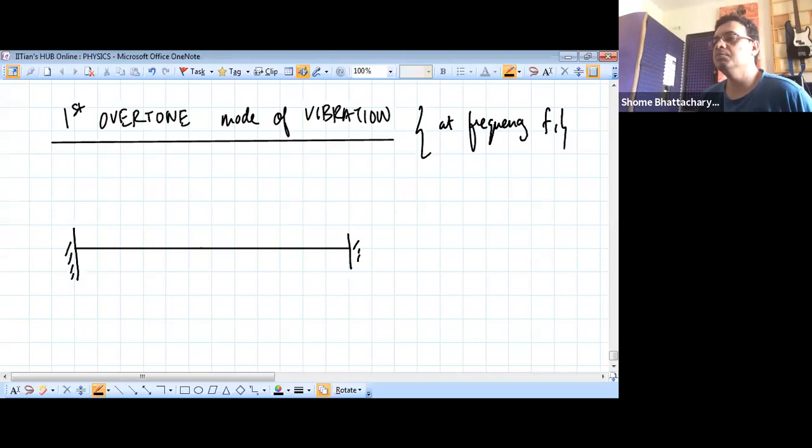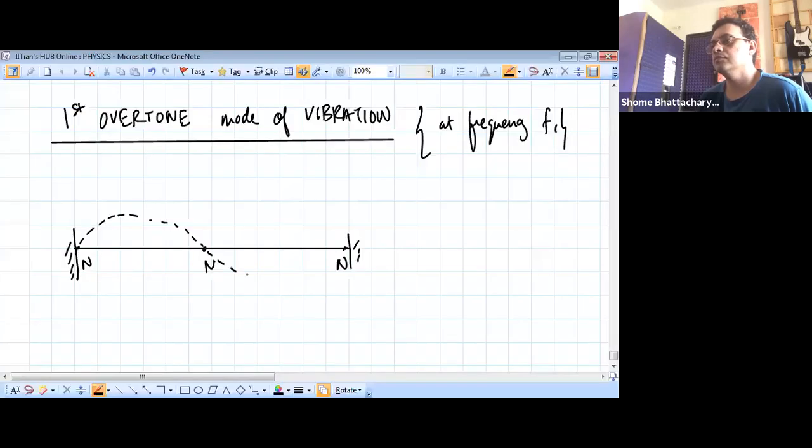When this happens, the midpoint of the string also becomes a node. So we have 3 nodes and 2 antinodes. That is the mode of vibration. The string oscillates in this kind of manner. Now you can see the distance between consecutive nodes becomes half the length of the string.